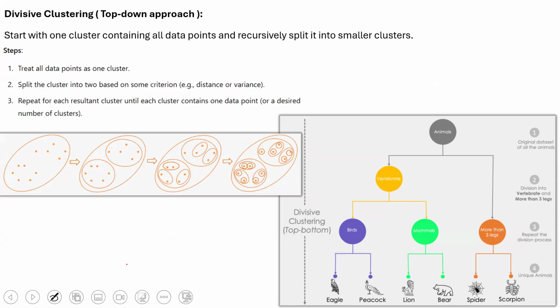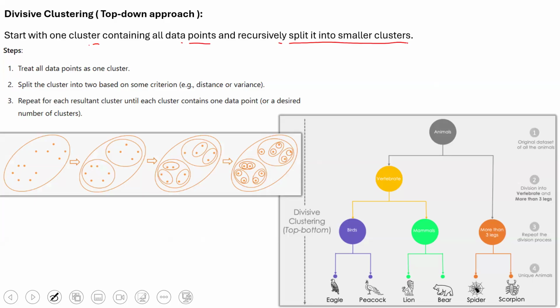Whereas in divisive clustering, you consider all the points as one cluster, and you break the cluster into smaller clusters. Technically, divisive clustering starts with one cluster containing all the data points and recursively splits it into smaller clusters.